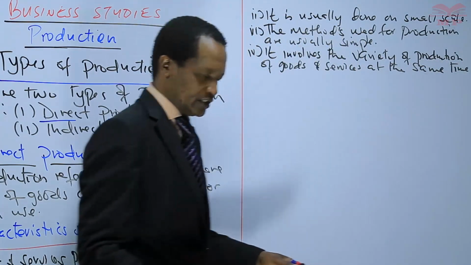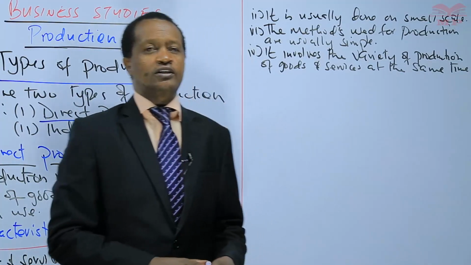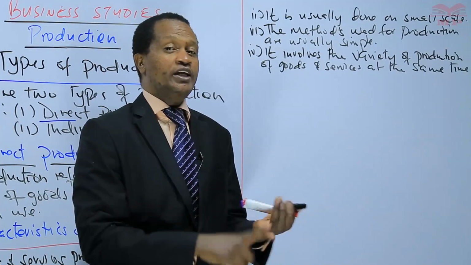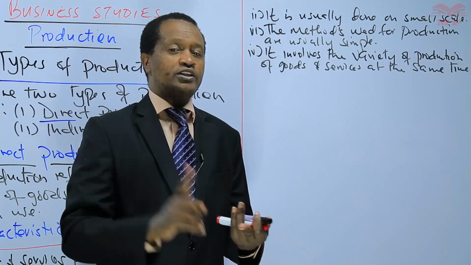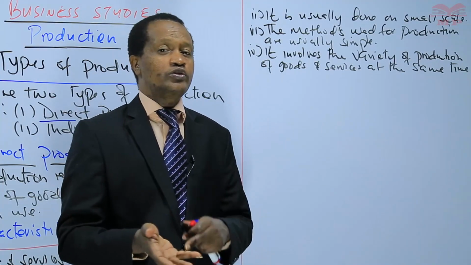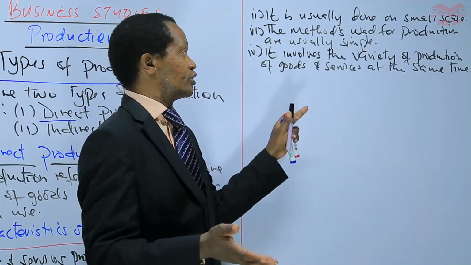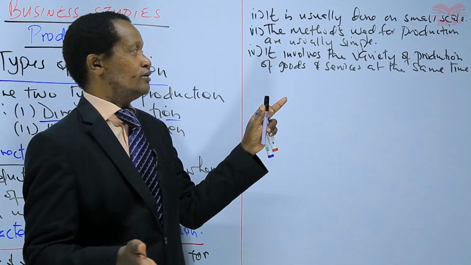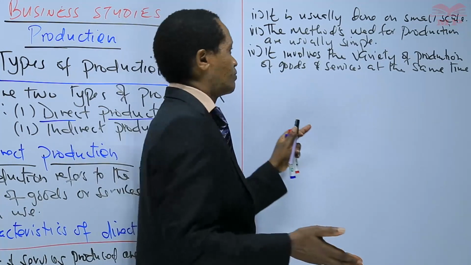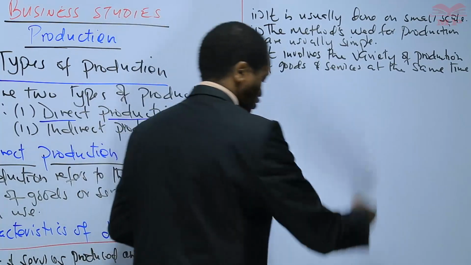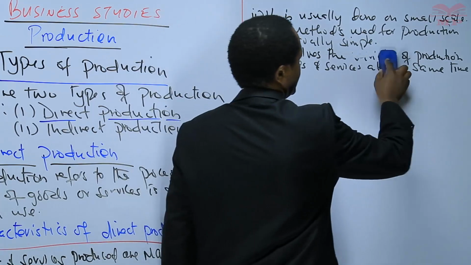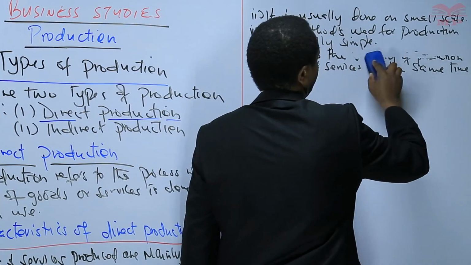Under this method, like in rural homes, you find that on a 1 acre farm, production of maize is done. There is beans, we have vegetables, there are cows and goats and poultry. So direct production involves the production of variety of goods at the same time.